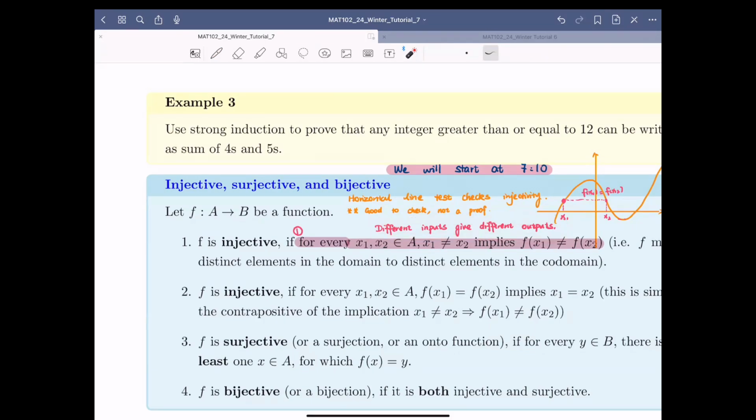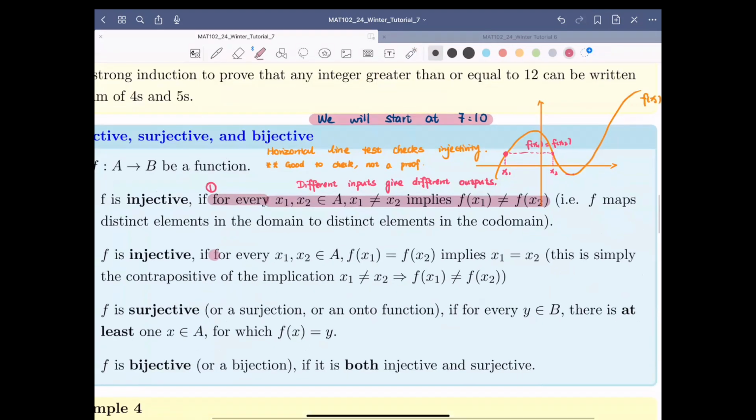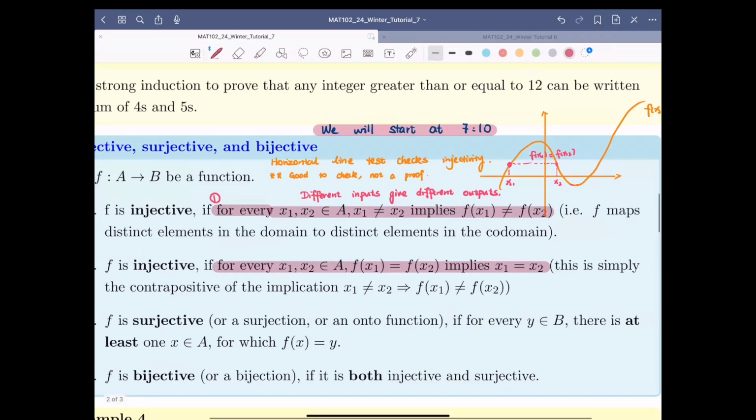Okay. The second definition you can use is the contrapositive of it, which states that for every x1, x2 in A, if the output is the same, then the input should be the same as well. So this is a contrapositive of the original one, which states that same output implies same input.